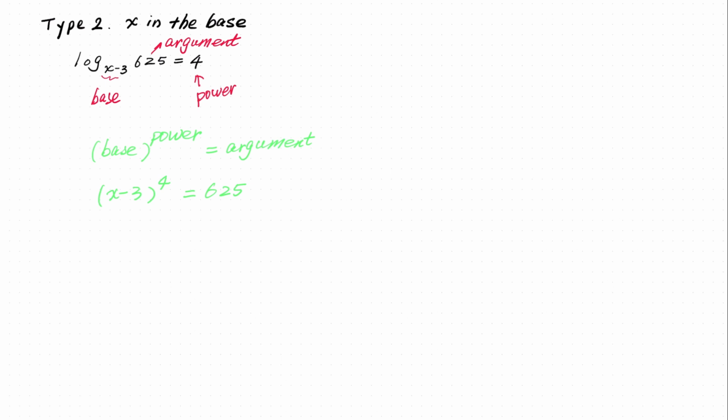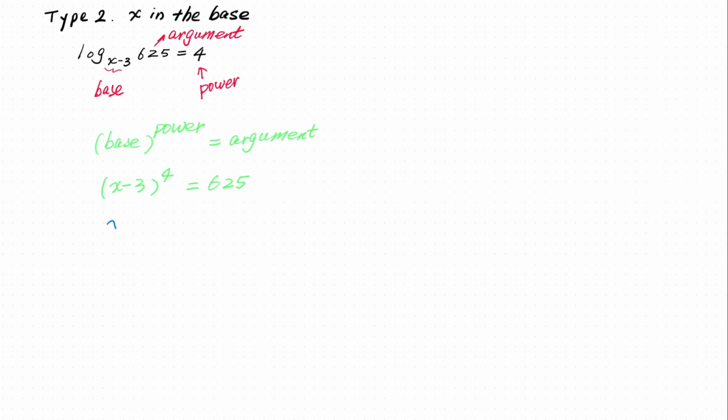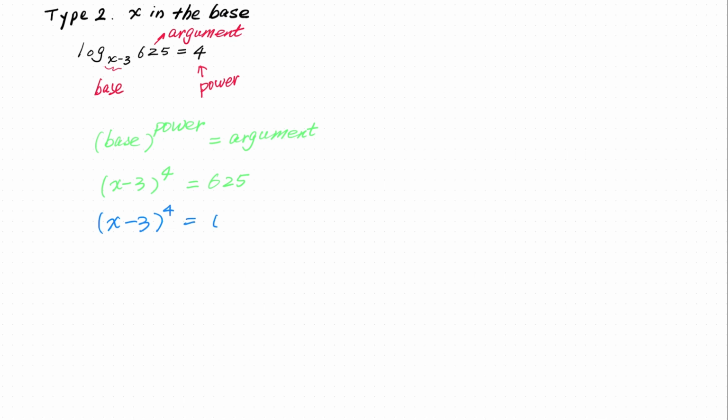There are a couple of ways to solve this exponential equation. One way is, you see we have the power of 4 on the left side of this equation. What we can do is try to express 625 as a number raised to the power of 4.